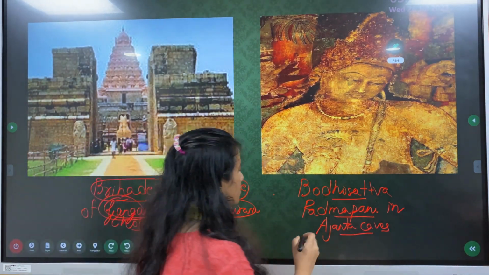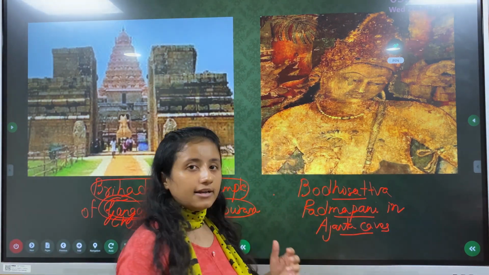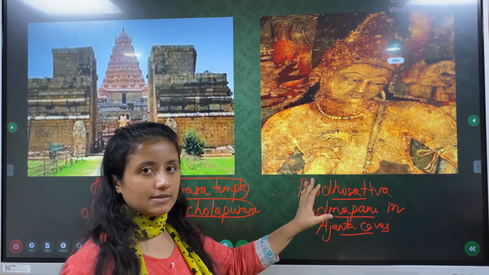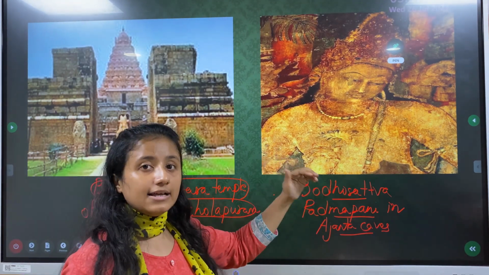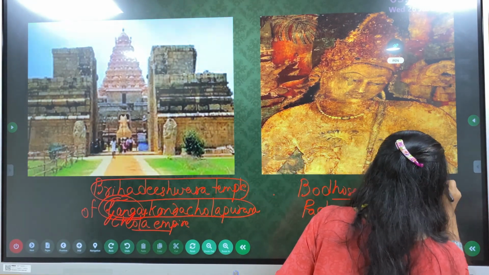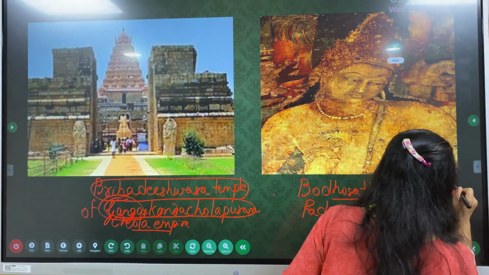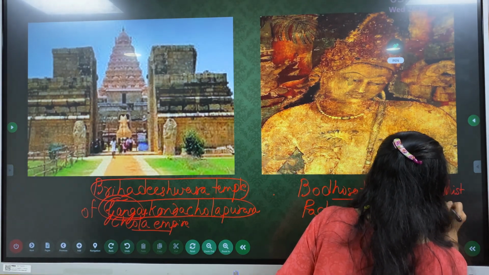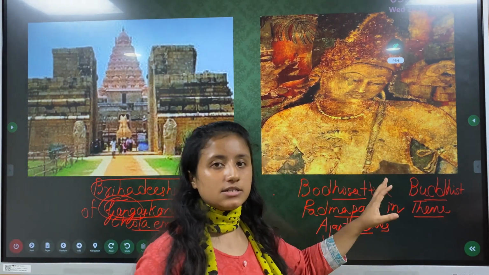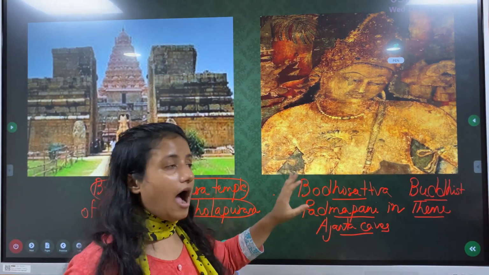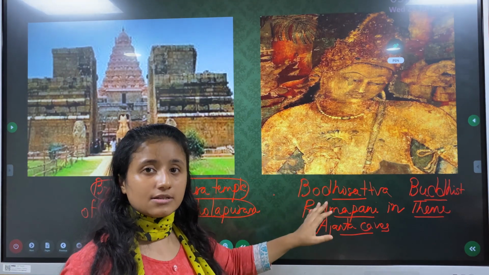It is a theme of Buddhism. If we study history, we get to learn about Buddhism. Then we see this painting and we know that it has the theme of Buddhism. So only when we study history do we get to know more details about this painting. See how history helps us in understanding our own culture, art, literature, books, right?